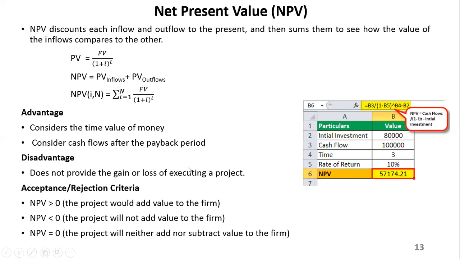Yeah, I think it's in terms of it not revealing all the information that you will need. Because all I'm going to give you is this final value here, this 57174. That's all. But you will not see the transactions within the project itself. Let's say I have overspent somewhere within the milestones of the project, it does not show you that. It only checks on the net, because you are subtracting the two values, the inflows and outflows.